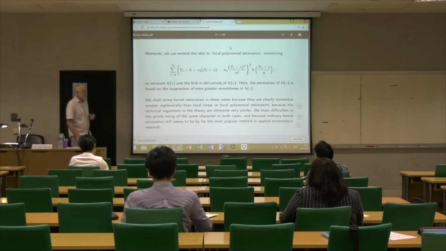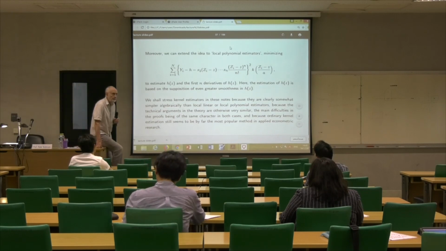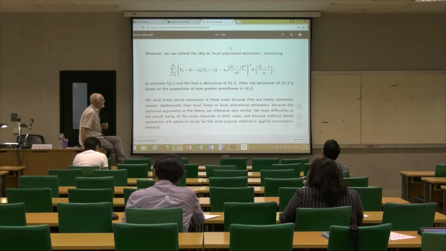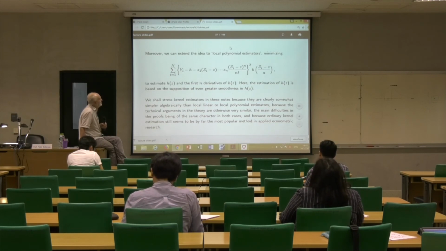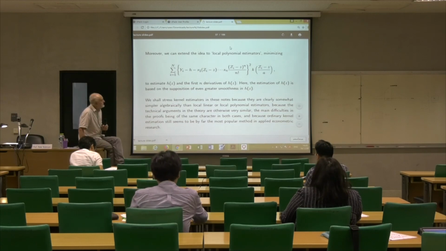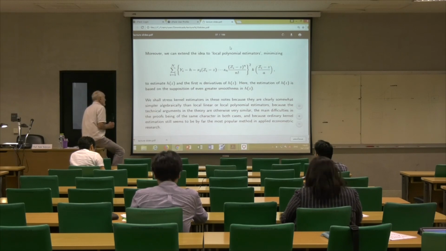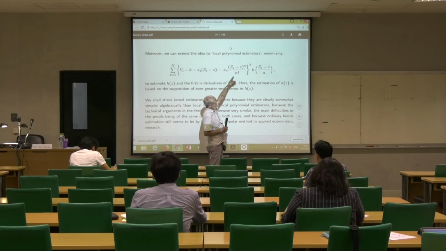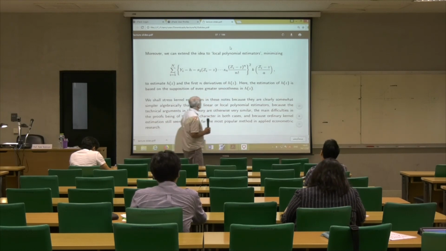And in fact, we can extend the idea. I don't think people very often go beyond the local linear estimate, but you can have a local polynomial estimate where, in effect, you do a Taylor approximation of a higher order. So here's the linear term, and then you've got a term of order little n, tau little n.